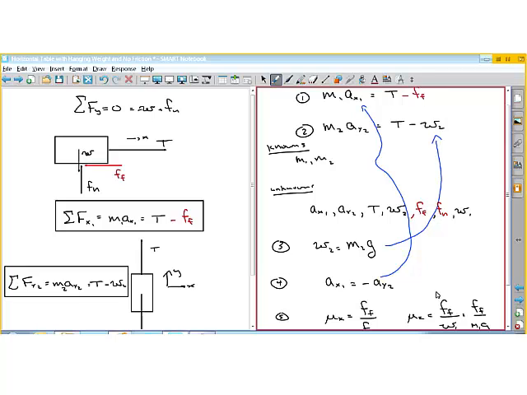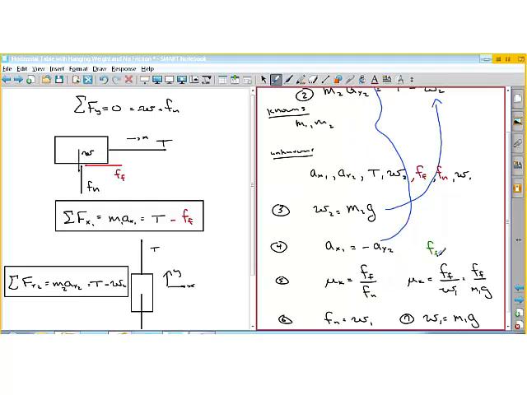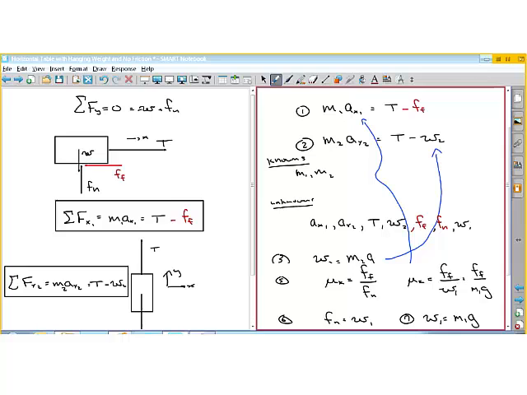So let me do that. Let me use green. Solving this one for the friction force, it's equal to the kinetic coefficient of friction times M1 times G. Okay, now I'm going to substitute that up here.